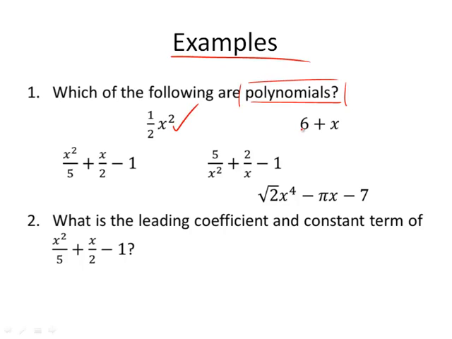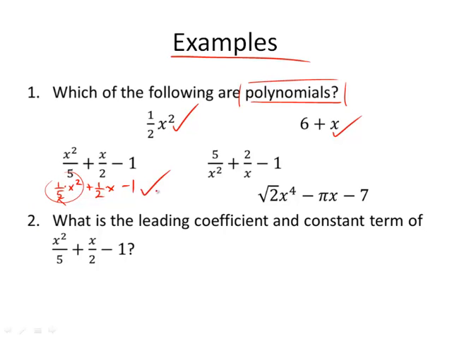Here, these are both terms that are products of numbers and variables. Check. This one here, you could have seen this as 1/5 x squared plus 1/2 x minus 1. Therefore, each term looks like it's a product of a number and some variables.